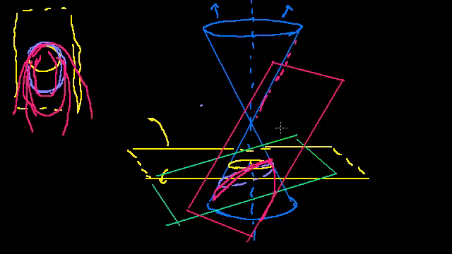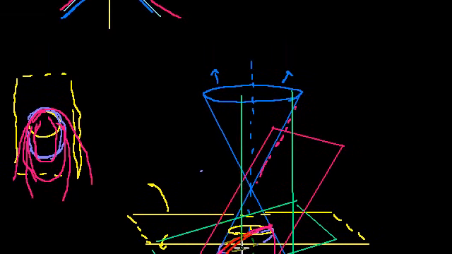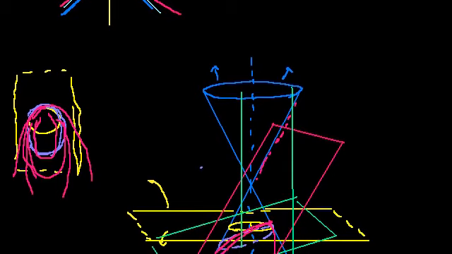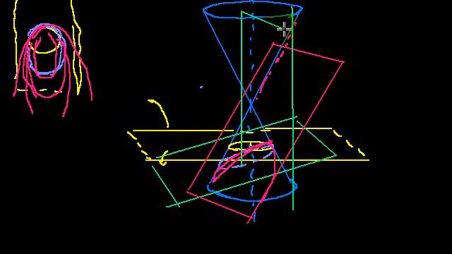And then if you keep tilting this plane, I'll do it in another color, so it intersects both sides of the cone. So let me see if I could draw that. If this is my new plane, I know it's very hard to read now, and I should probably redraw it all, but hopefully you're not getting overwhelmingly confused.